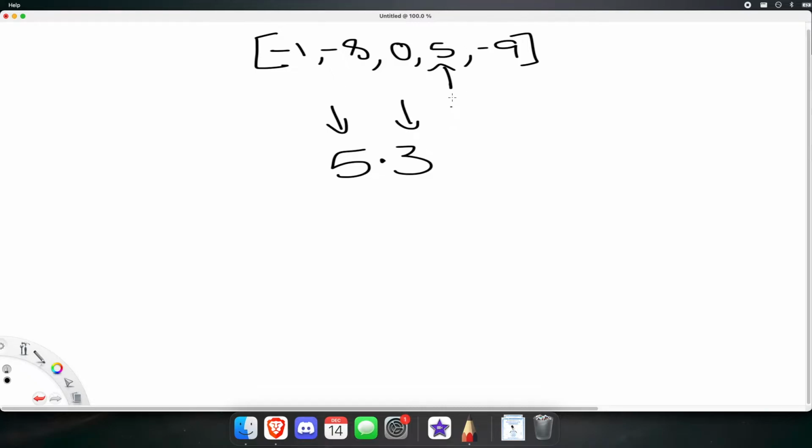So first, since 5 is the largest, he's going to want to cook this last. In this case, it was 3. And then he got the next largest positive, which was 0, multiplied by 2.